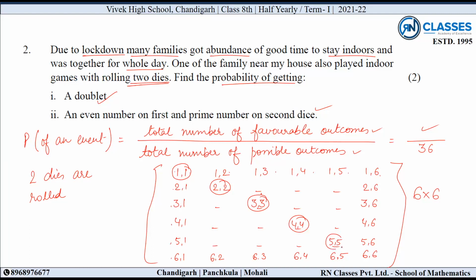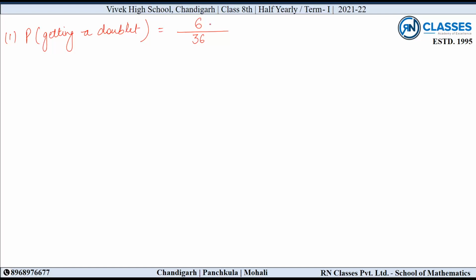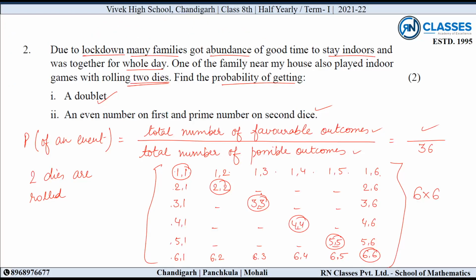It's a doublet. Or 6 6. How many are there? 1 2 3 4 5 and 6. How many doublets will there be? 6. Means the answer would be 1 by 6. Such a simple one. Once you learn probability, your question will never go wrong, it starts making sense.